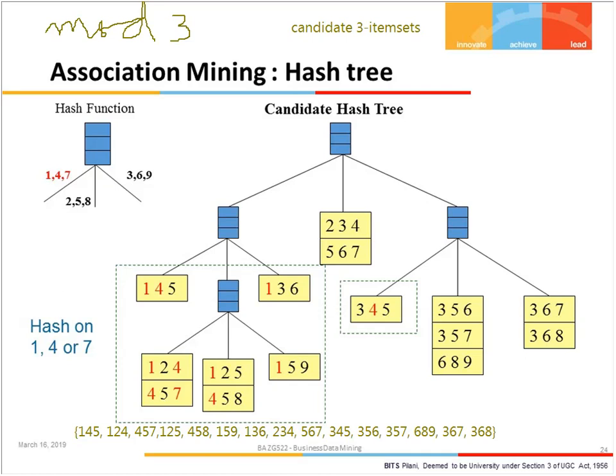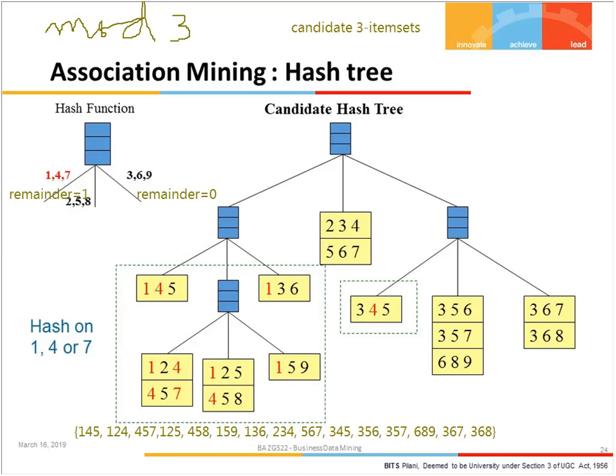If the remainder is 0, we put it in the rightmost branch. So that is our first choice, 1, 2, 0.